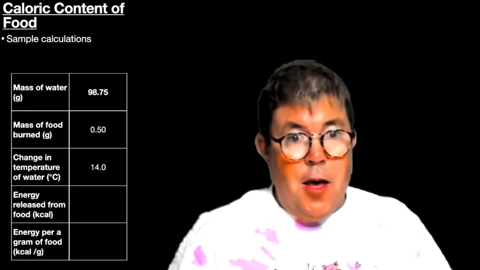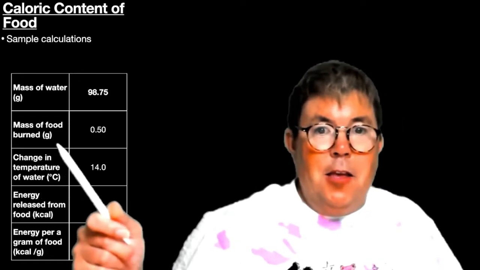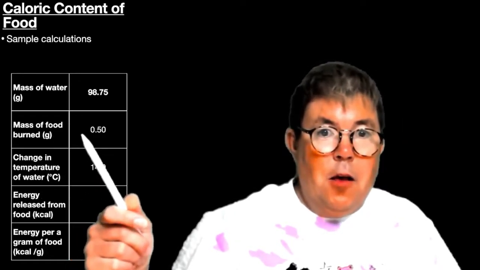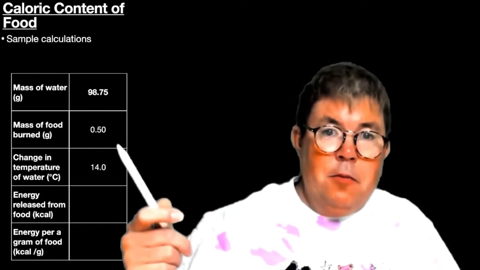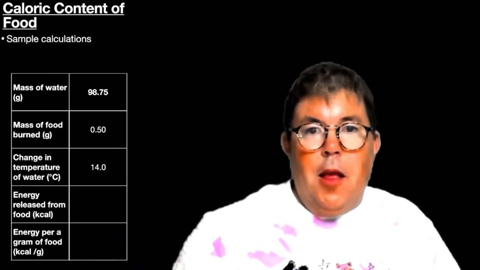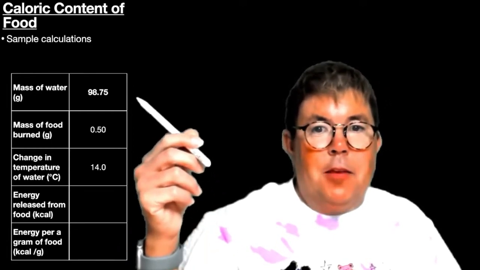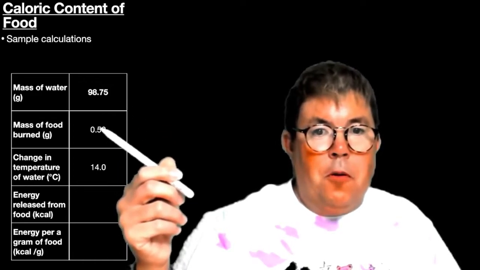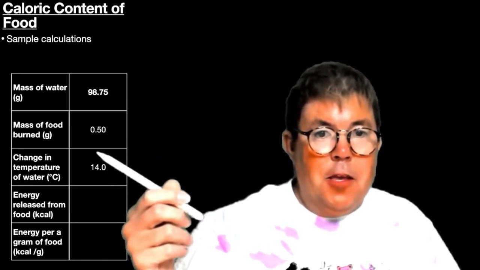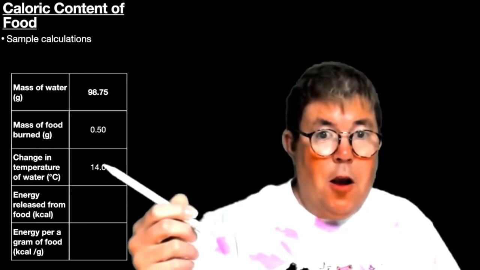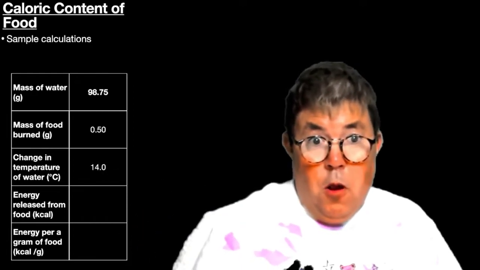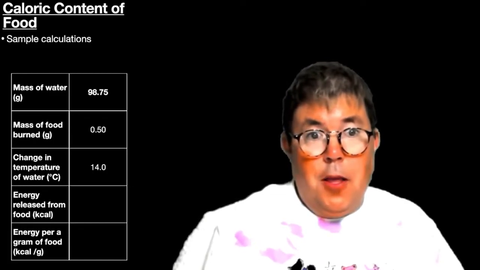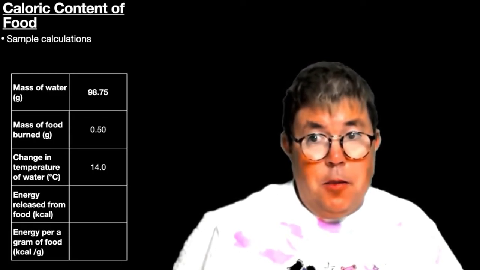So to my left is some sample data for the experiment. I have the mass of water, the weight or mass of the food burned, and the temperature change of the water. What we're going to do in the experiment is burn some food.